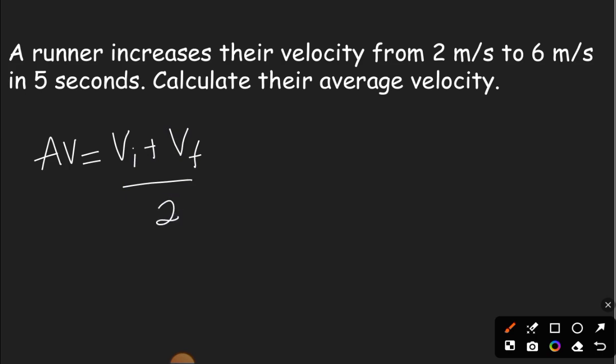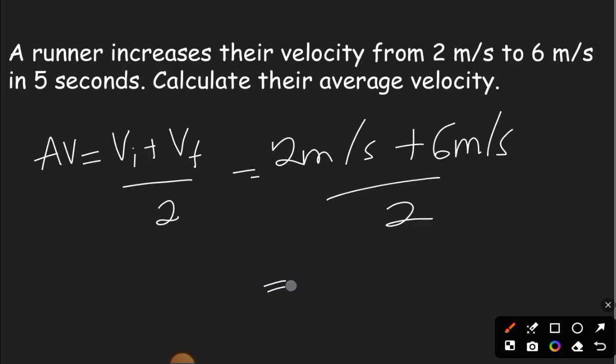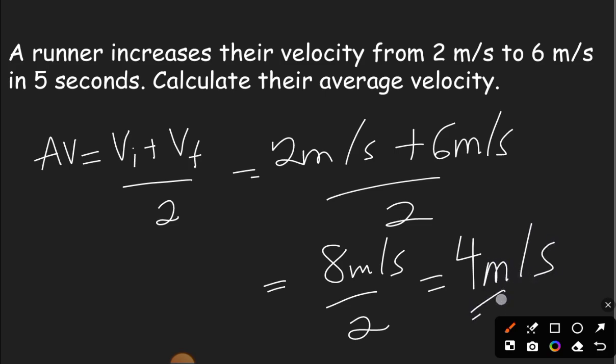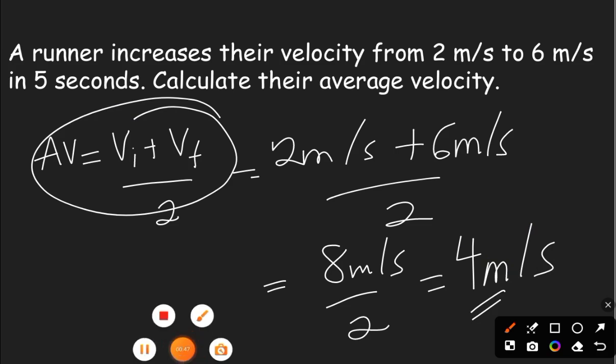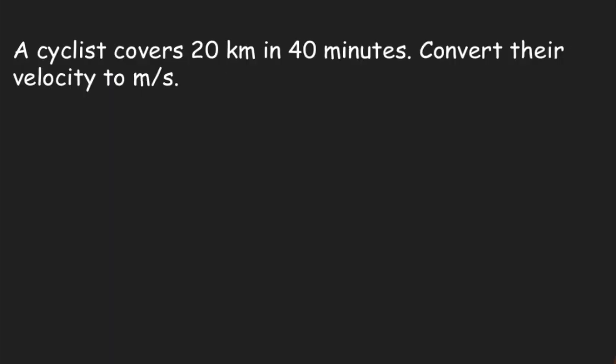So the initial velocity is 2 meters per second and the final velocity is 6 meters per second over 2. So 2 plus 6 is 8 meters per second over 2. So we have 4 meters per second. So this is the formula for finding average velocity. Kindly take note. Pause the video and then try this question.